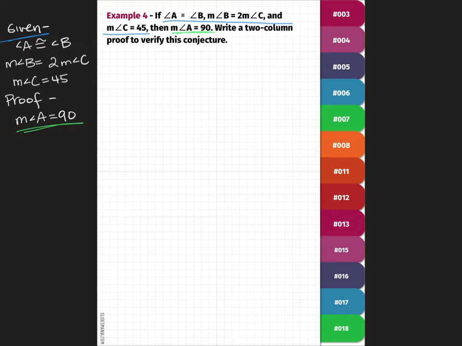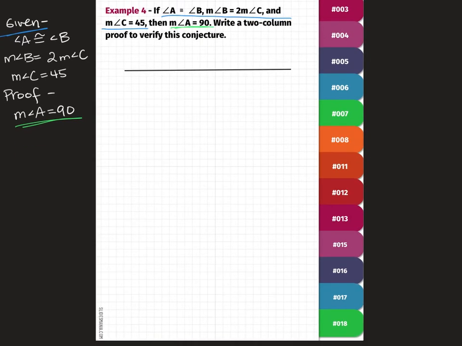So let's see. Got to click the line every time. And that looks in the wrong place. Let's scoot over a little bit. All right, so I'm going to start with my statements, and my reasons.